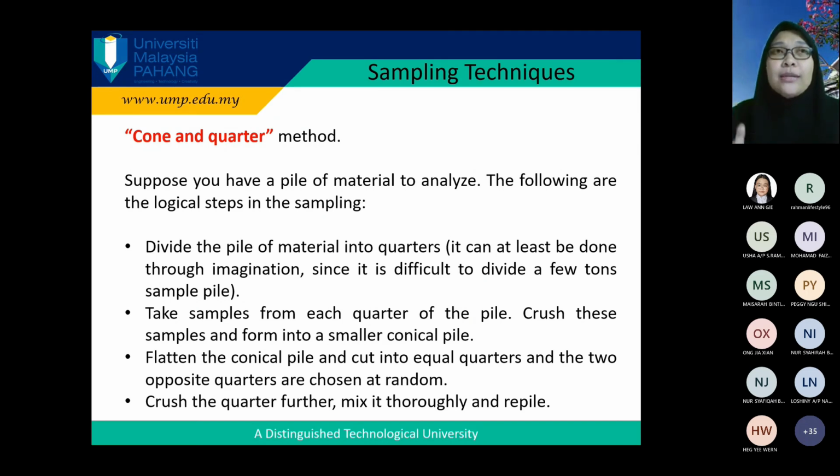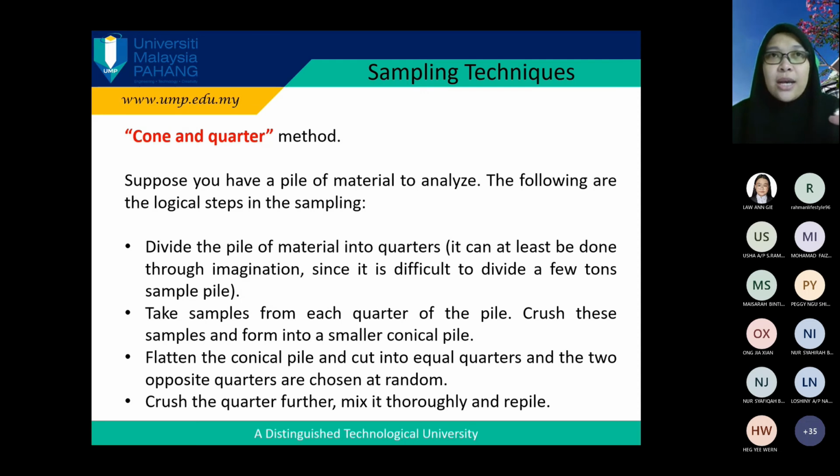I'm going to share the video on how they do this cone and quarter method in Kalam later on. You can see how they do it, but in words, we can say that the logical steps in the cone and quarter sampling method is by dividing the pile of material into quarters.